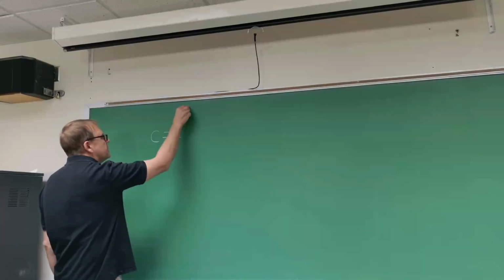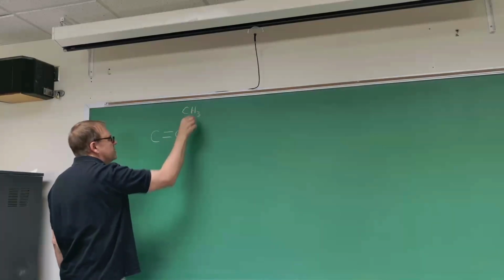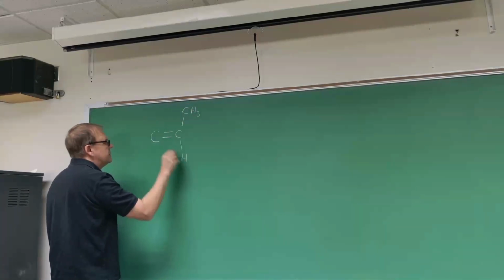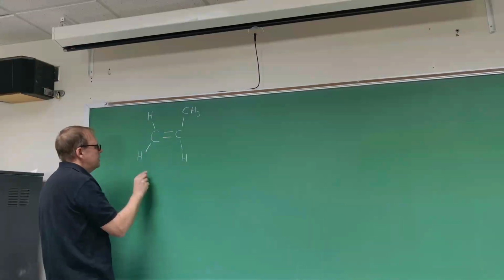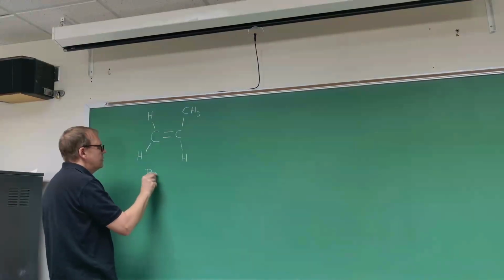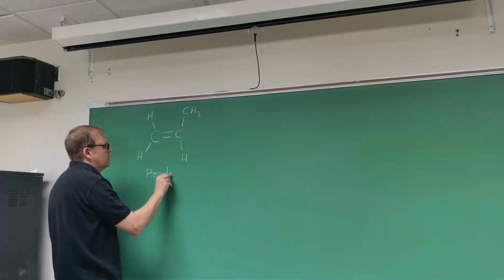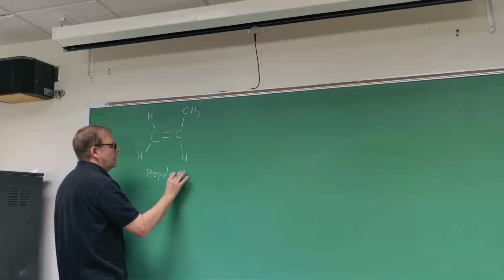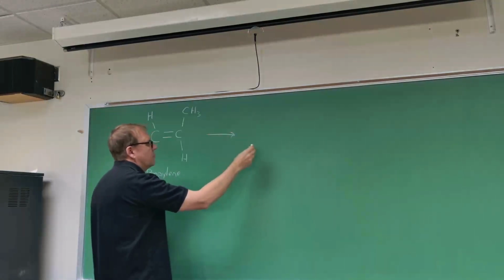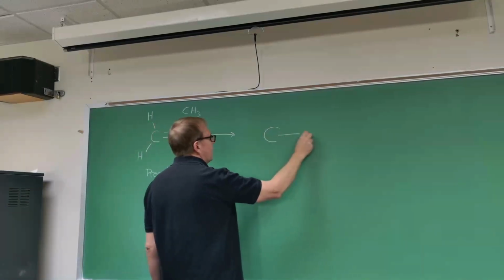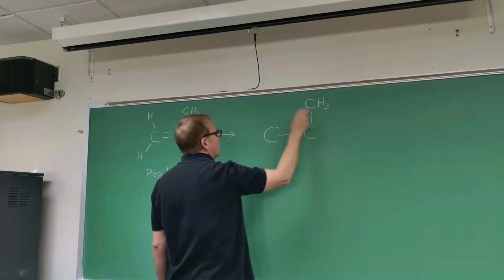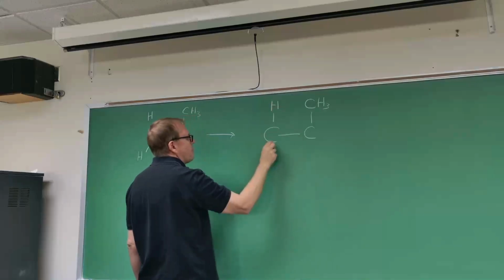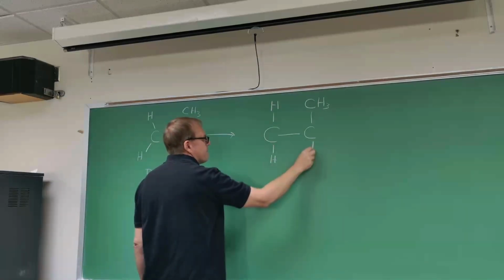This monomer has a methyl group on it, in addition to the H's that are present at the other carbons of the alkene. This one's called propylene. And when it polymerizes, it forms a polymer that's got a long carbon chain with alternating carbons having a methyl group on them.